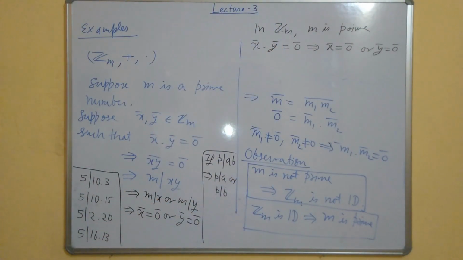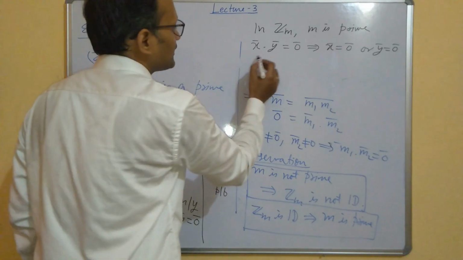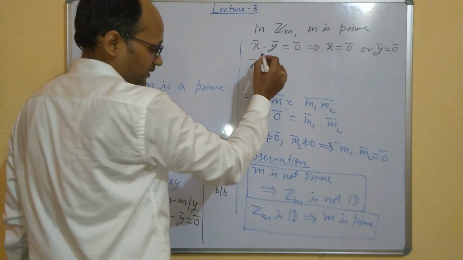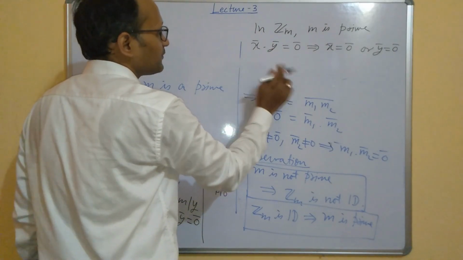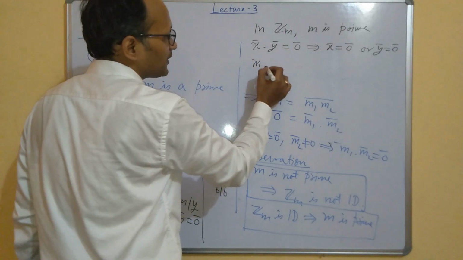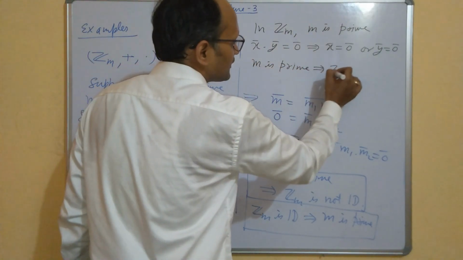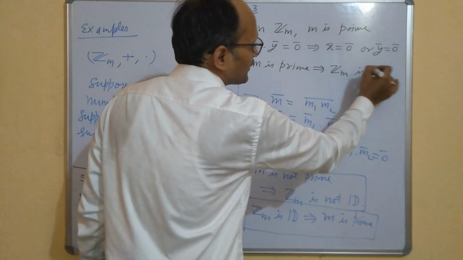So it is the definition of integral domain. So it means if m is prime, it implies Zm is an integral domain.